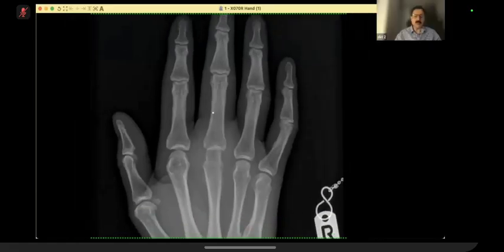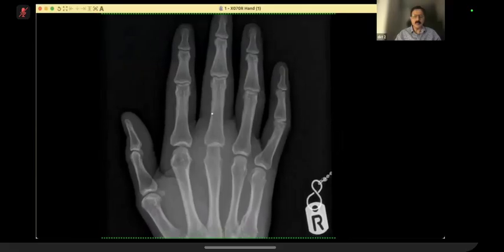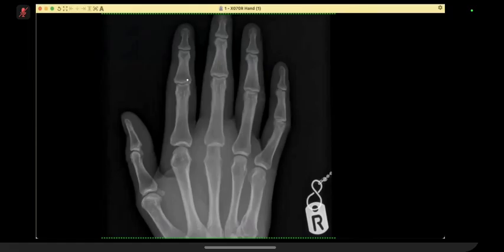So what is your differential here? My differential may be giant cell tumor of the tendon sheath. So this patient has got pain and swelling. Septic arthritis, but the joint is okay.